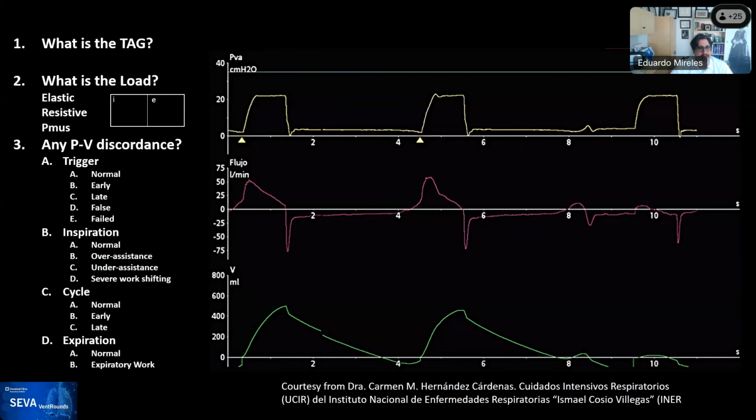So here's the first event, and I'm going to challenge you by looking at this image, courtesy of Dr. Hernandez Cardenas in the Institute of Respiratory Care in Mexico City. She sent me a series of images. You're going to see images from her here. But the first question is, what is the tag?